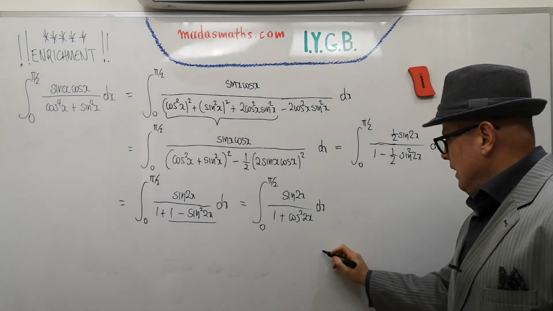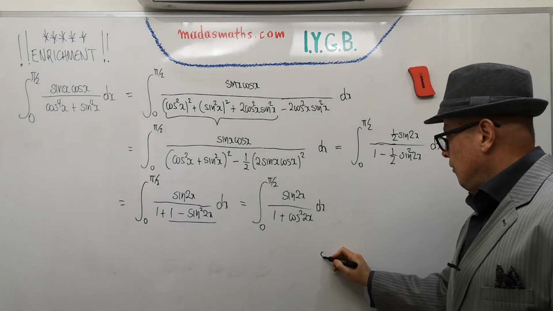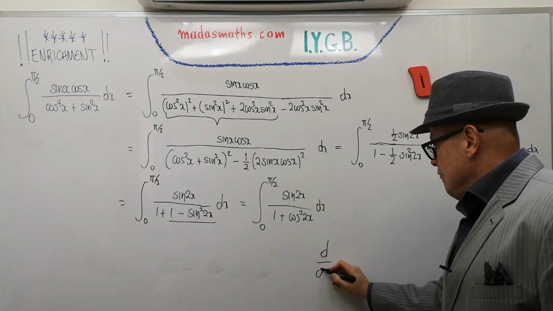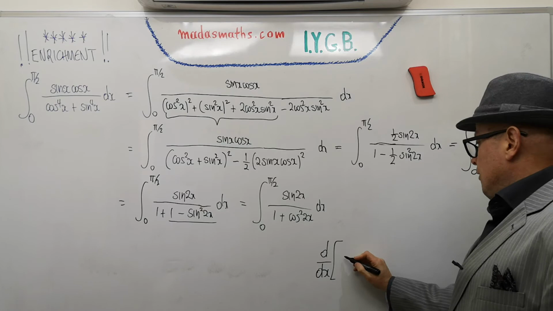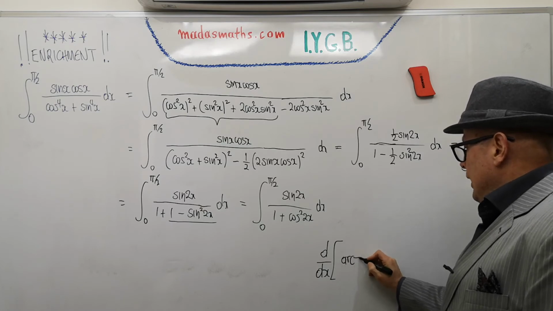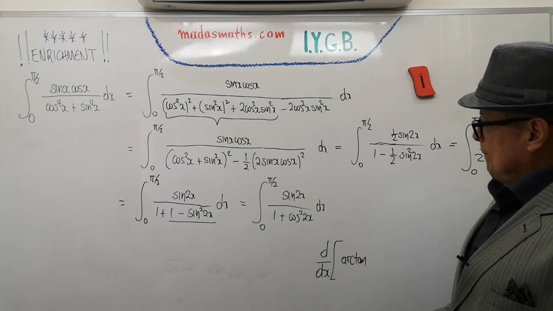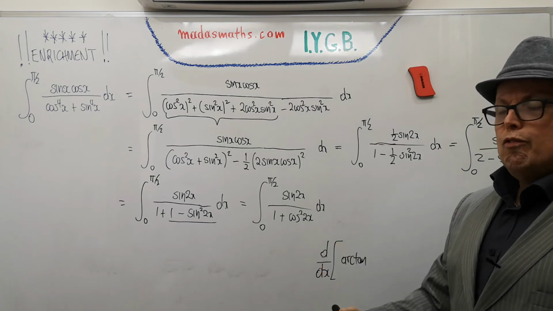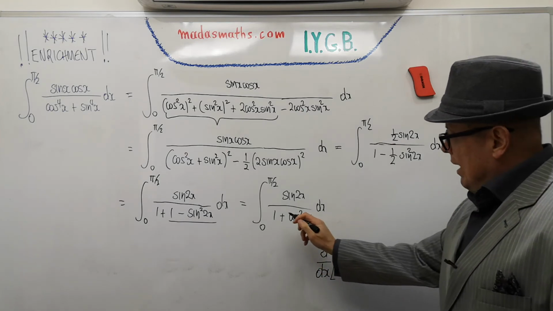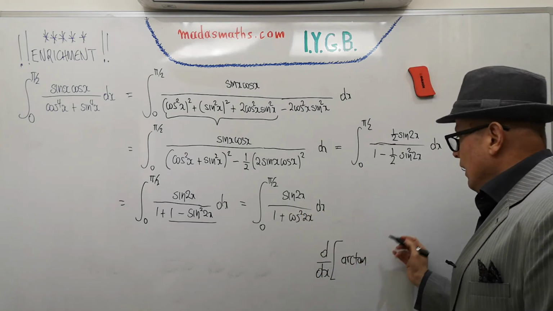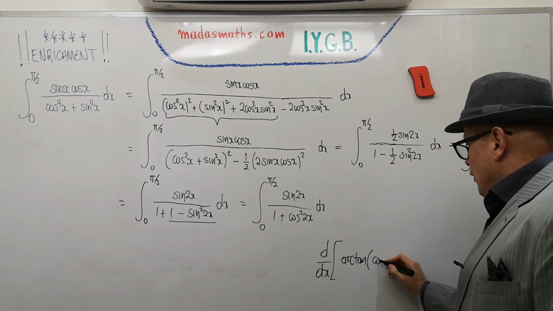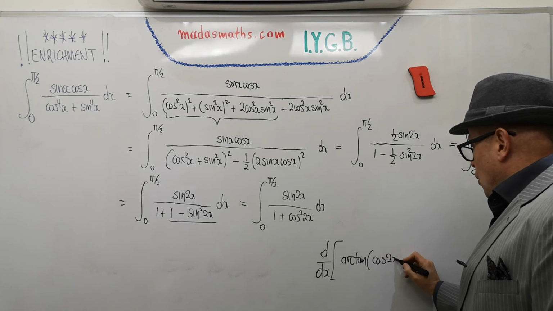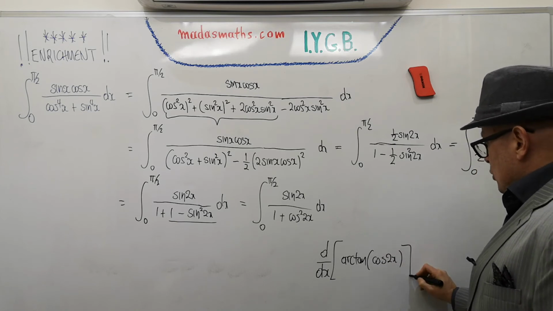I'm going to write here a little result just to actually see what is happening in there. If I differentiate with respect to x the arctan, because the arctan goes 1 over 1 plus x squared, so I have 1 plus something squared. So what happens if I had the arctan of the cos of 2x? What would it have produced?